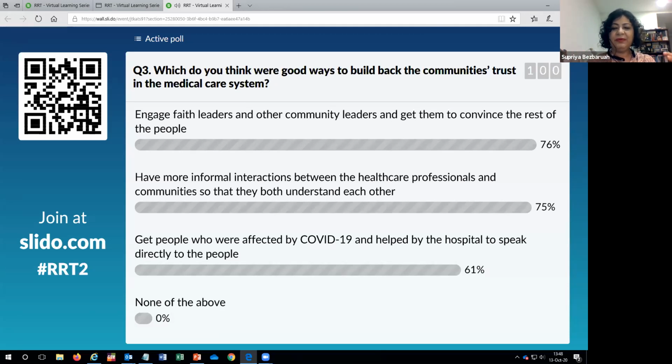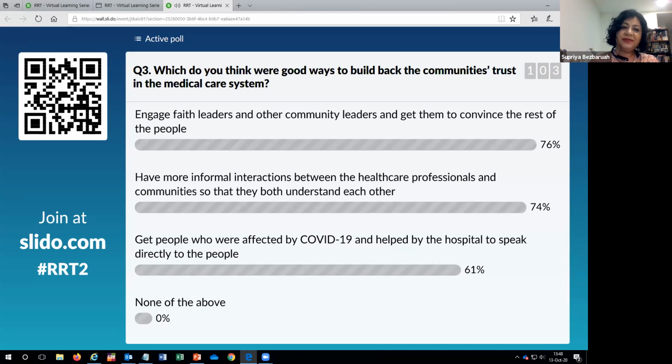They listen to people who lead them. Have more informal interactions between healthcare professionals and communities. So that builds better understanding, more trust, and then they work together better. Get people who were affected by COVID-19 and helped by the hospital to speak directly to the people.